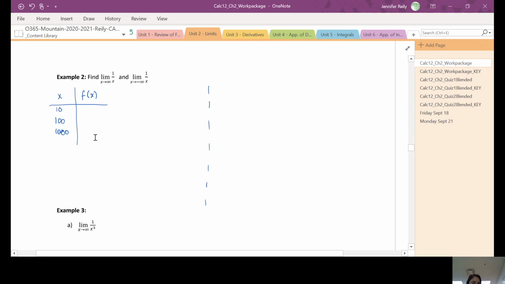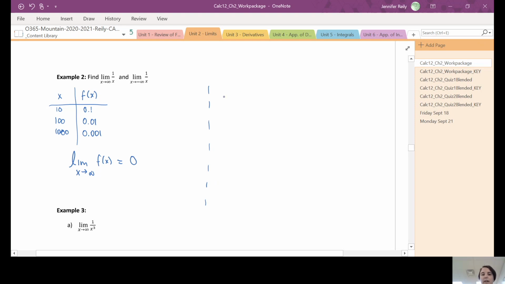And when you plug that into f of x, you get 0.1, 0.01, 0.001, right? Dividing by a large number makes a very small number. So we can see that we're approaching 0. So the limit as x goes to infinity of the function equals 0.